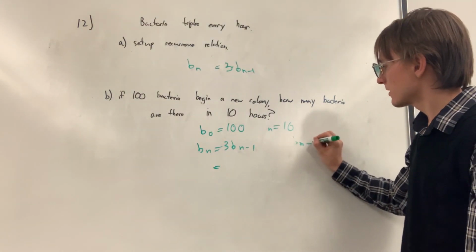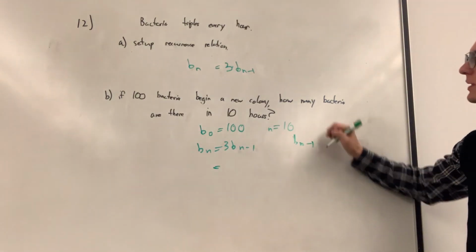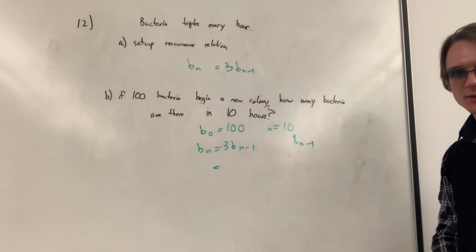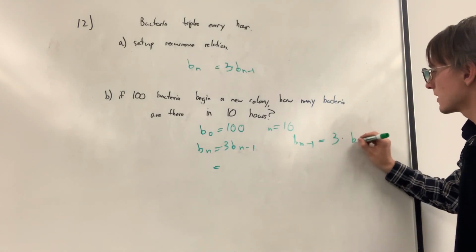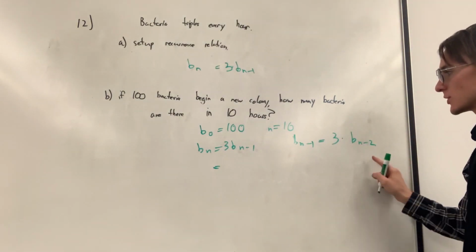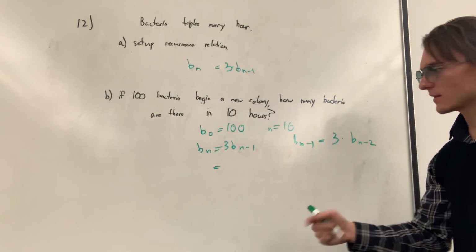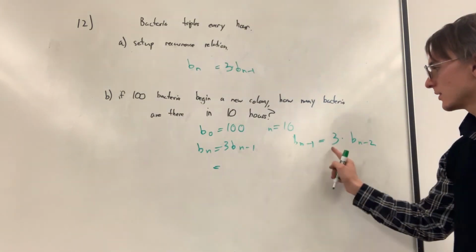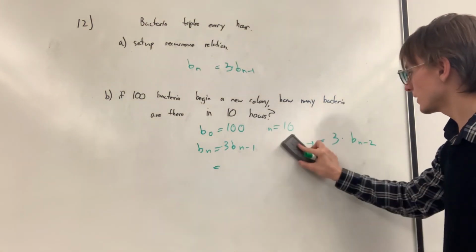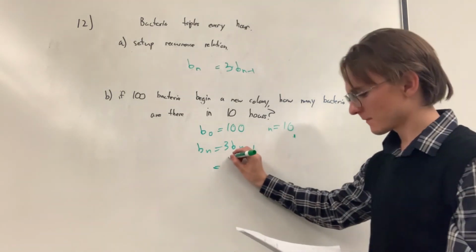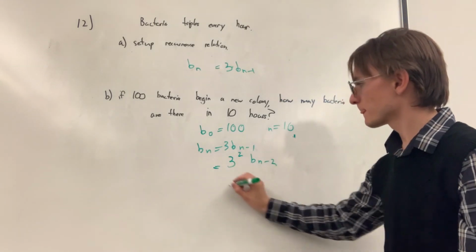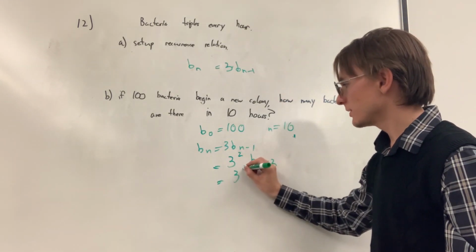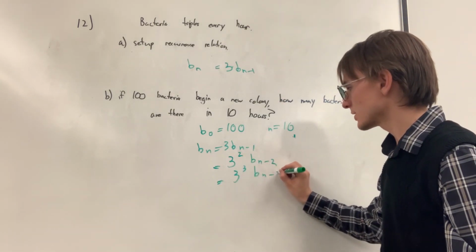B of n minus 1 will be this expression with all n's replaced with n minus 1. This is equal to 3 times B of n minus 2. So let's expand B of n minus 1 with this expression here. We get 3 squared B of n minus 2. The next step will give us 3 to the power of 3, B of n minus 3.